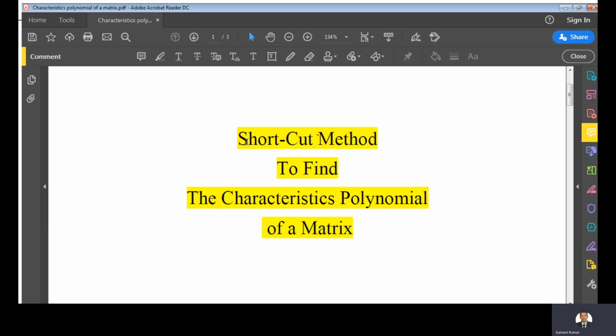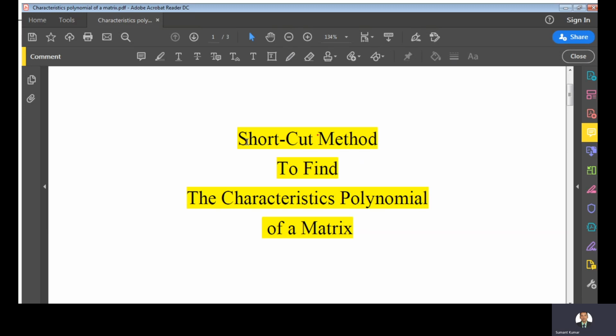Hello friends. Today our topic is how to find the characteristic polynomial of a matrix. In this session we are going to answer three questions. First, how will you find the characteristic polynomial very quickly, in one line, for a matrix of order 2?